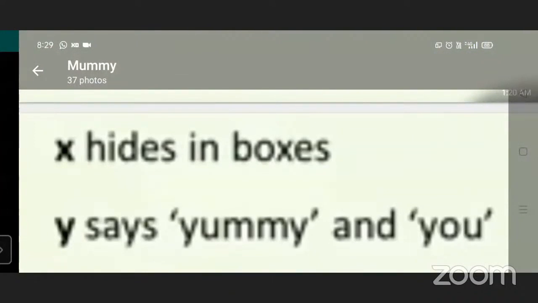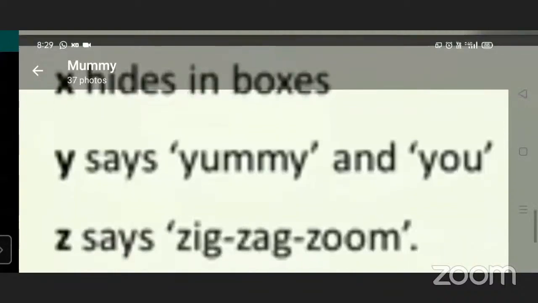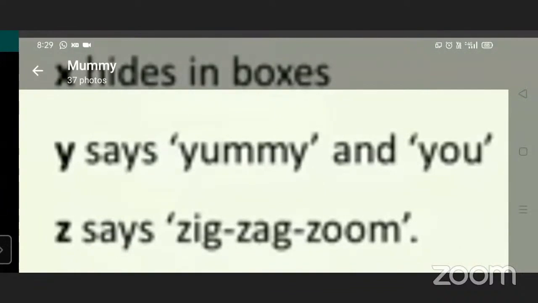X hides in boxes. X hiding in boxes. Y says yummy. Y says yummy and you. Z says zigzag zoom. Z says zigzag zoom.